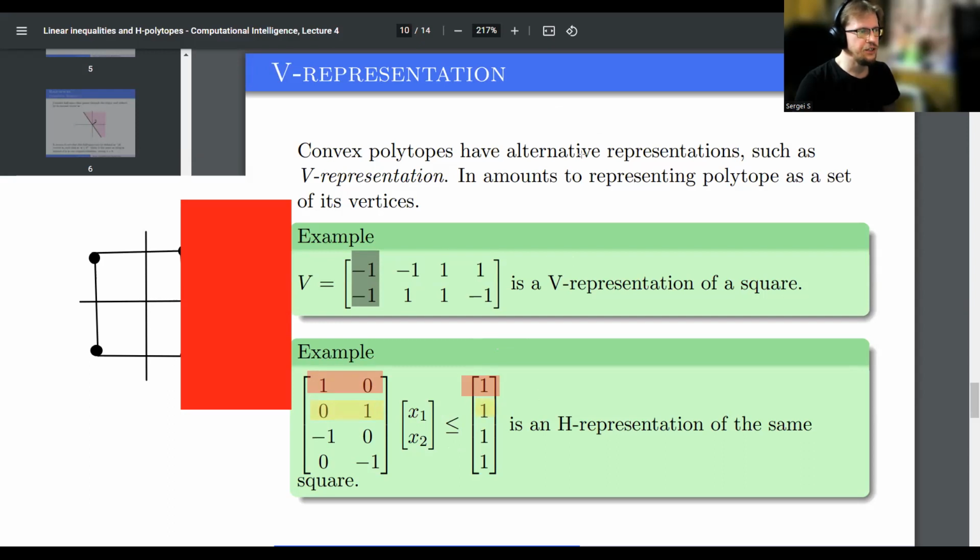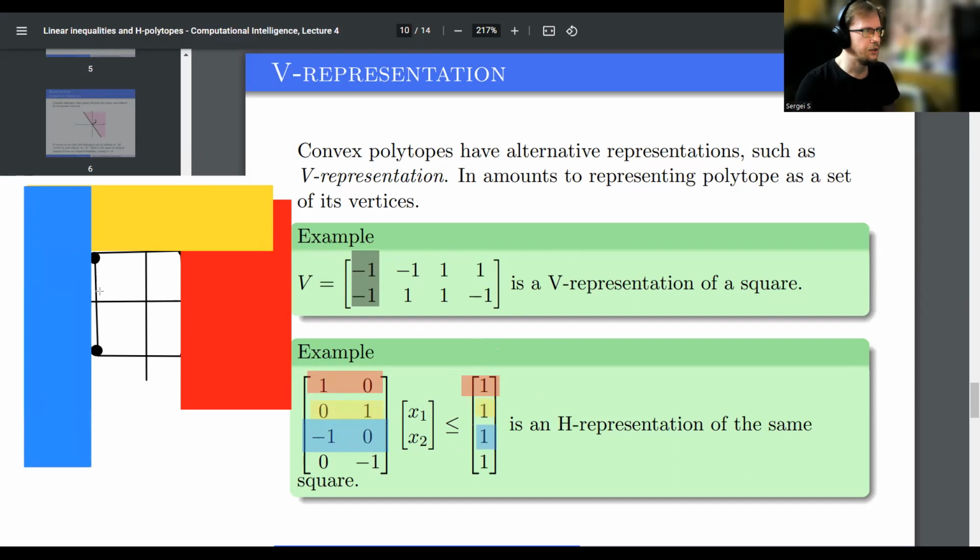So it immediately cuts off all of this. Next one, it says minus x1 is less than 1. It cuts off all of this, right? And the last one is, of course, as you probably guessed, this one, it says minus x2 is less than 1. It cuts off all of this.